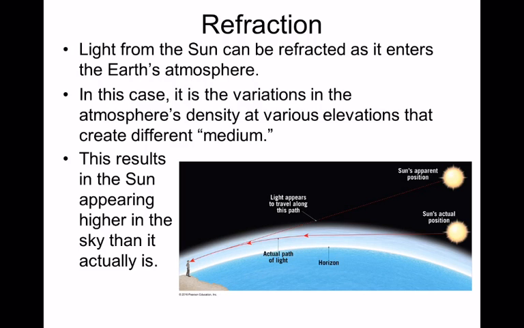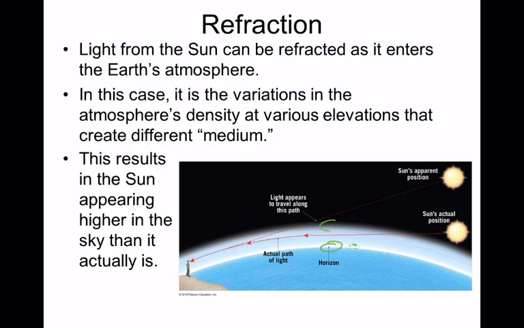I don't know if it'll make you feel better or worse at nighttime, but refraction occurs as light travels through different mediums. And remember, one of the things you already knew before you took this class is that the air at the Earth's surface is very dense. I'll put lots of little dots there.